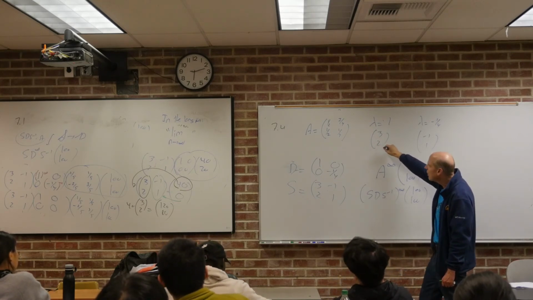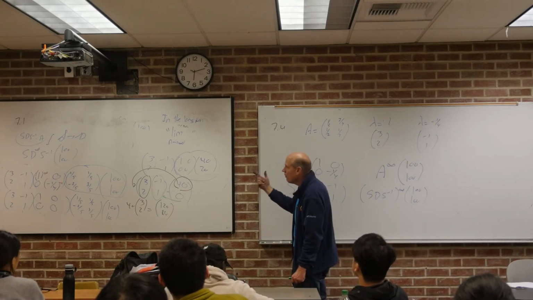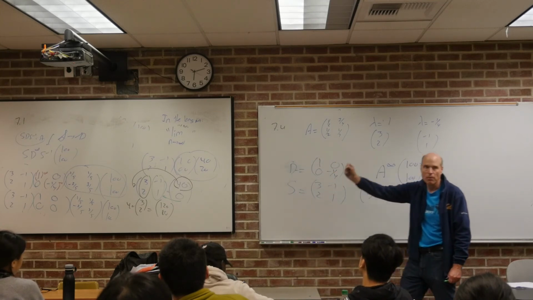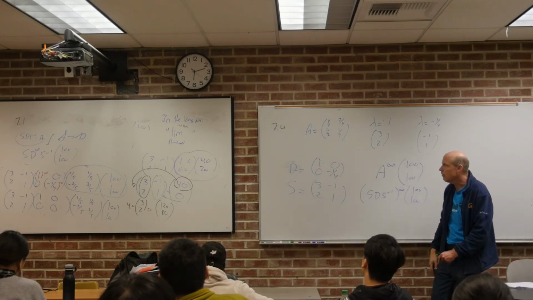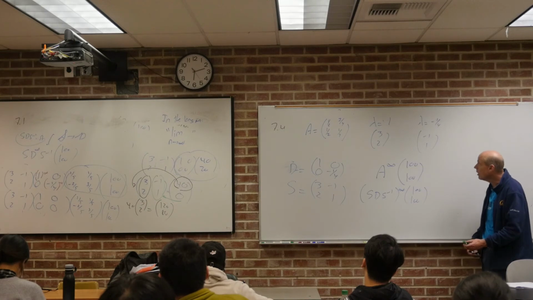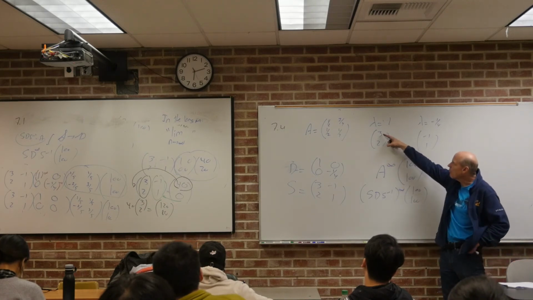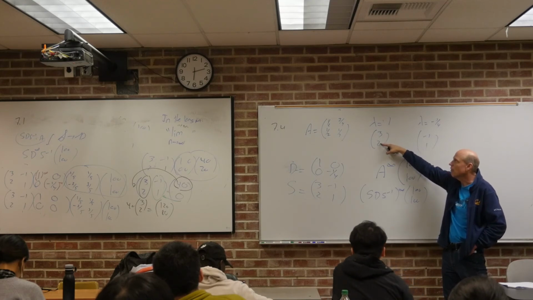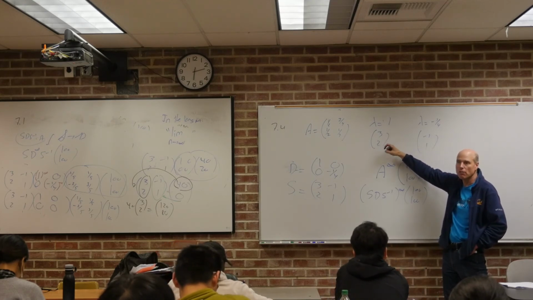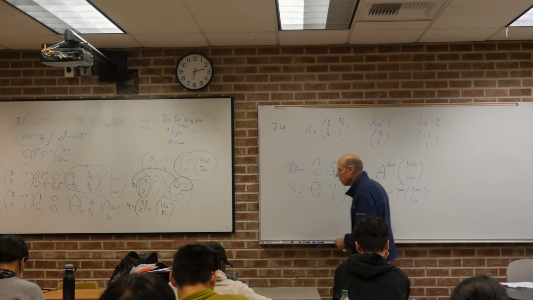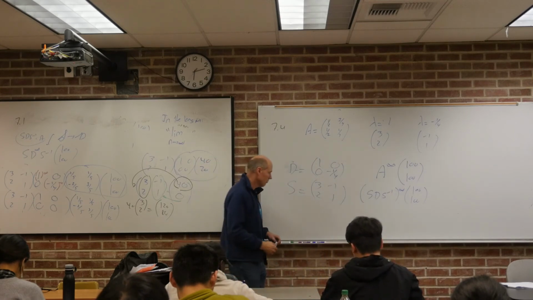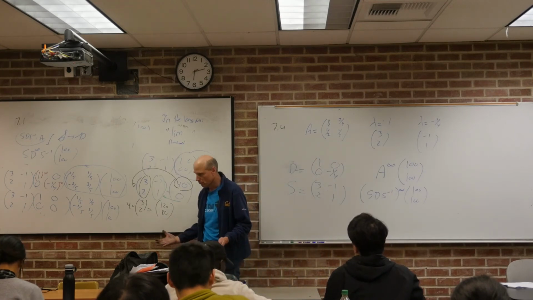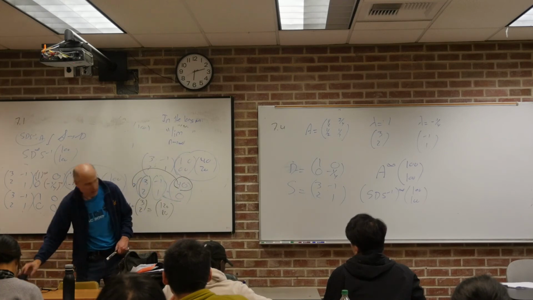So what we know is in the long run, that's method 2. Method 3: in the long run, the population is going to have a ratio of 3 to 2, 3 x's for every 2 y's. So let me write this down.